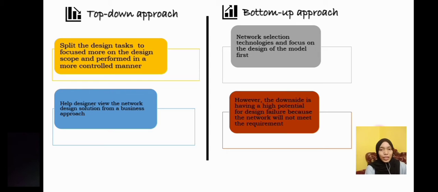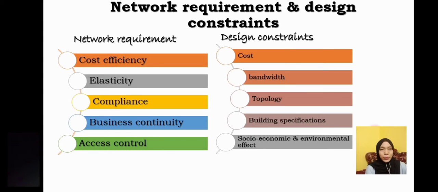Besides, the top-down approach also helps the designer view the network design solution from a business perspective. For the bottom-up approach, network technologies are selected and the focus is on the design of the model first. However, the downside is a high potential for design failure because the network will not meet the requirements.